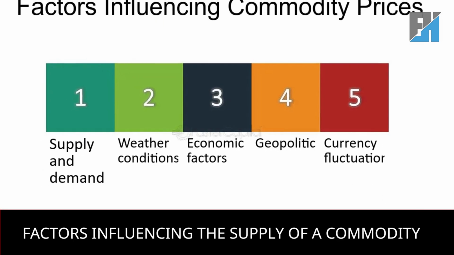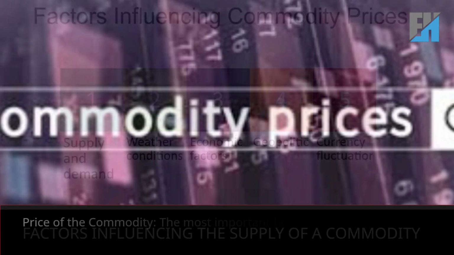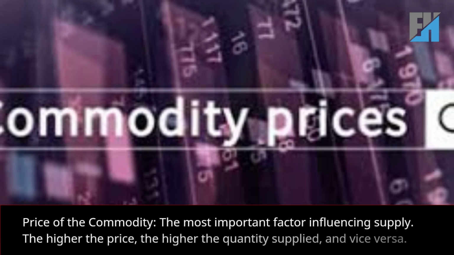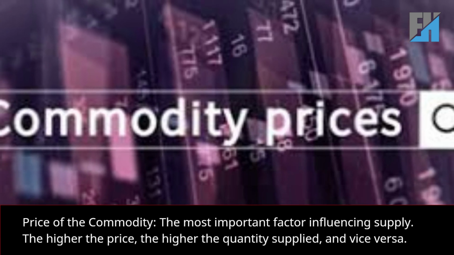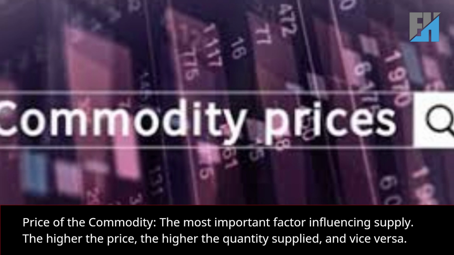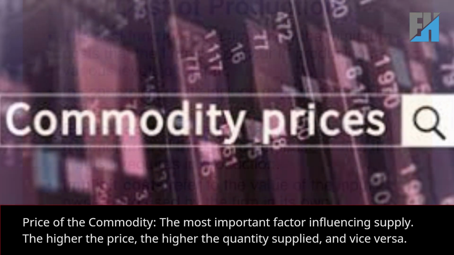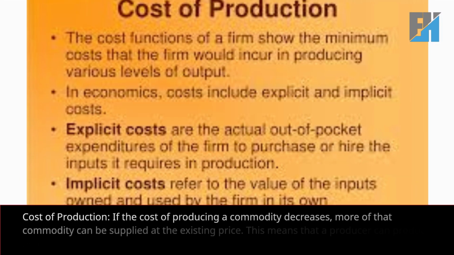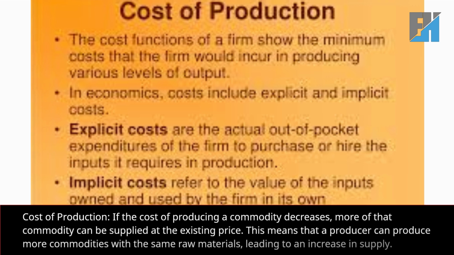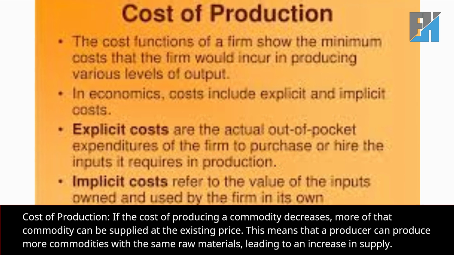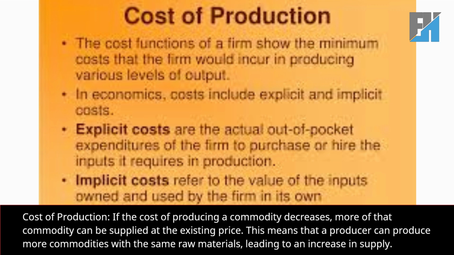Factors influencing the supply of a commodity. Price of the commodity. The most important factor influencing supply. The higher the price, the higher the quantity supplied, and vice versa. Cost of production. If the cost of producing a commodity decreases, more of that commodity can be supplied at the existing price.